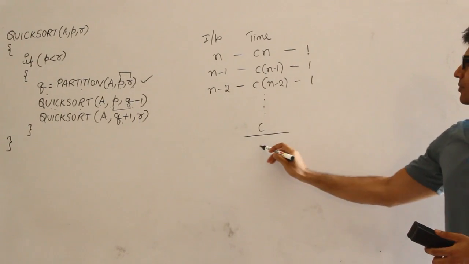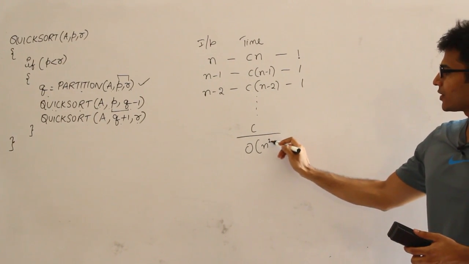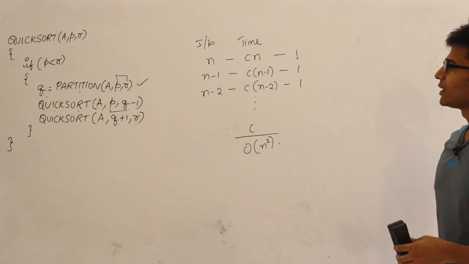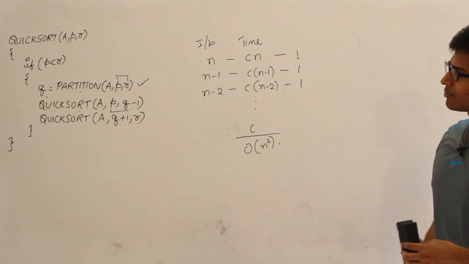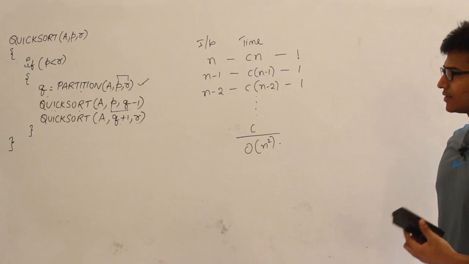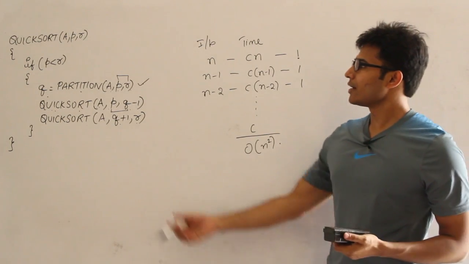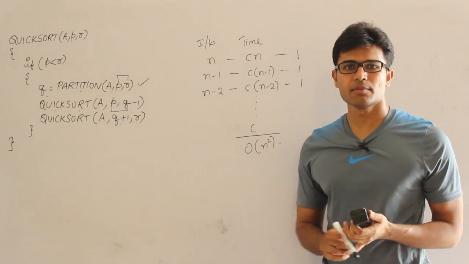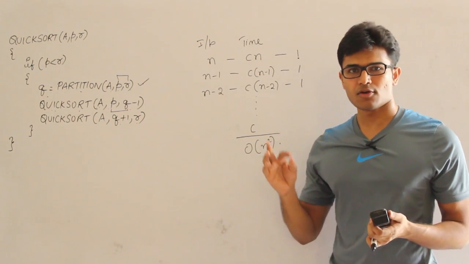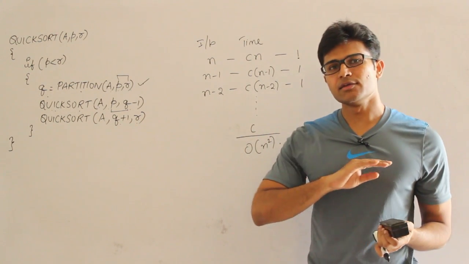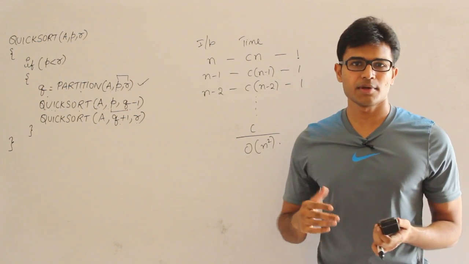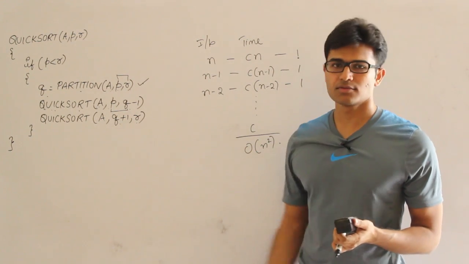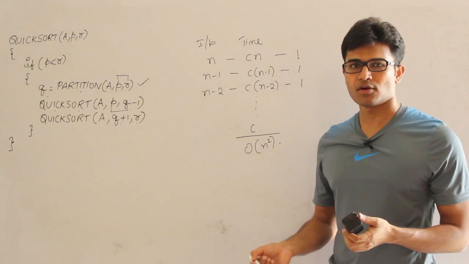If we add all of them, it is going to be order of n square. Got it? There are some proofs. We shall see some more problems and analyze the quicksort time complexity again. For now, remember that if it is in ascending order or descending order, or the given elements are the same, the time complexity taken by quicksort is the worst case time, which is order of n square.